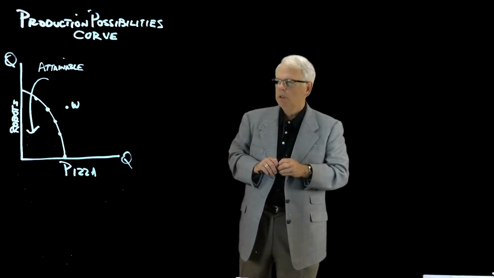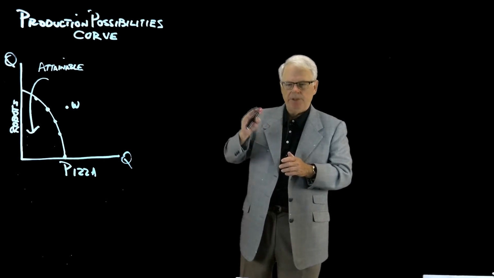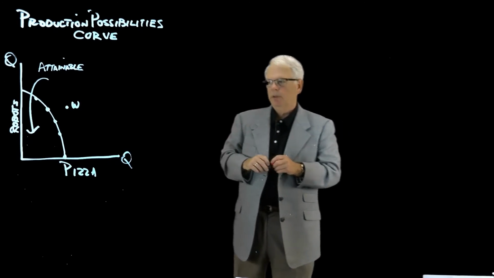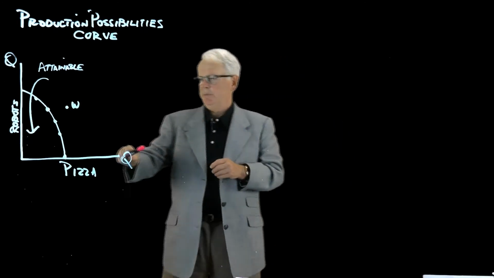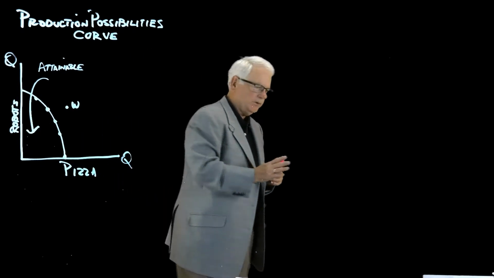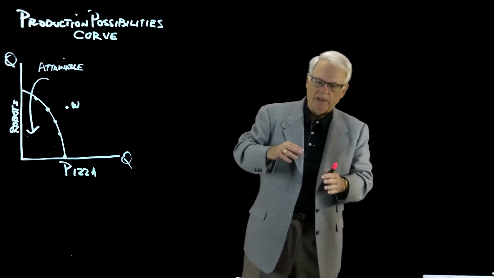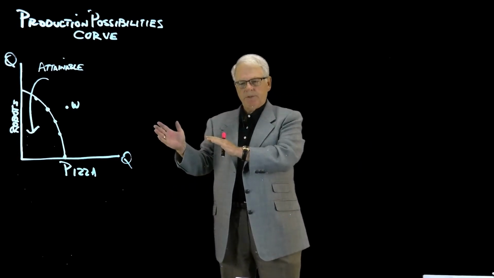And we could make those in any particular combination on the production possibilities curve. If we made more pizzas, we would have to trade off robots. And if we made more robots, we would have to trade off pizzas.